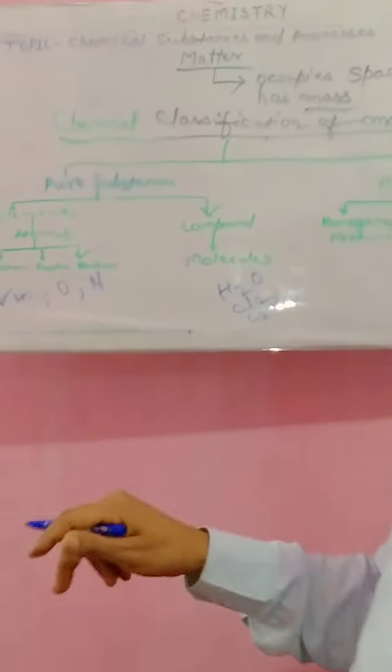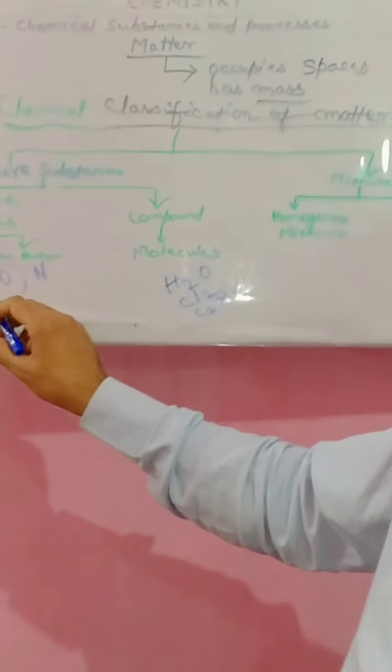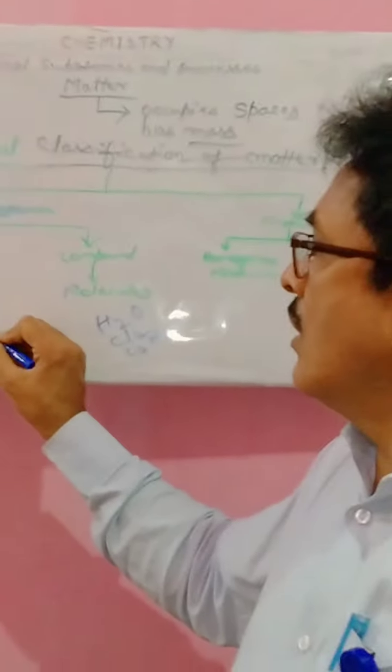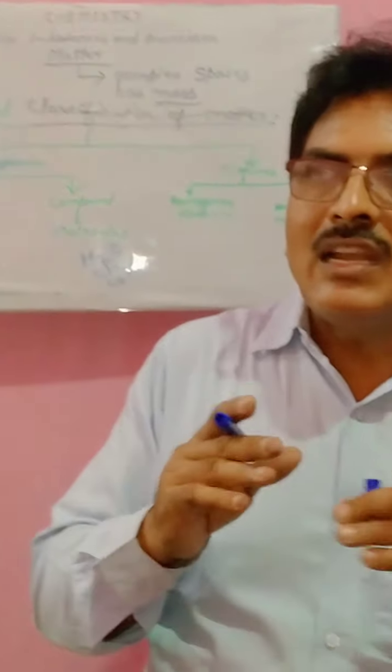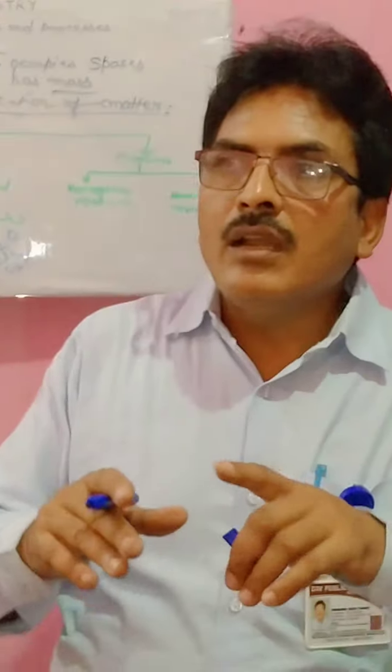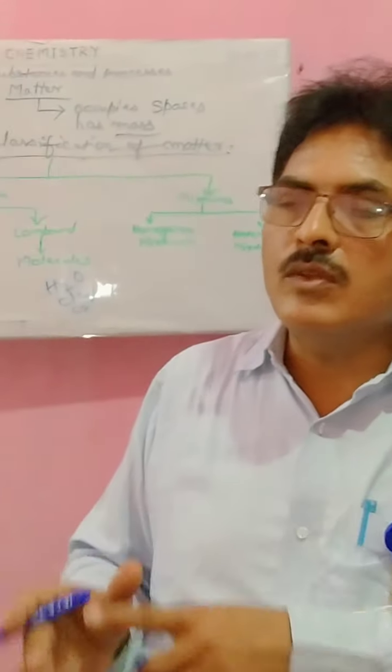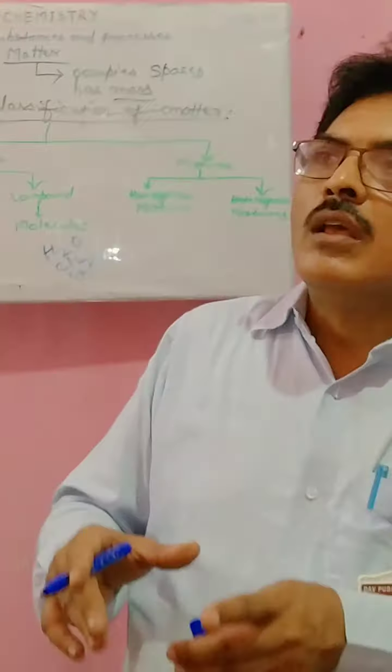The atoms are written in this form: hydrogen, oxygen, nitrogen, chlorine, bromine, iodine, like that. The total number of elements discovered is 118, and the atoms of the elements combined together form the molecules, and the bulk form of molecules is called compound.